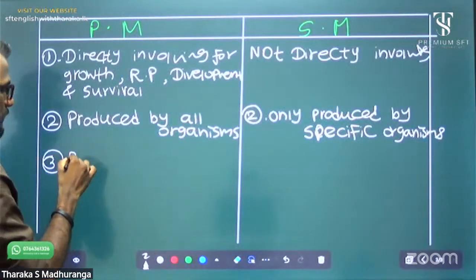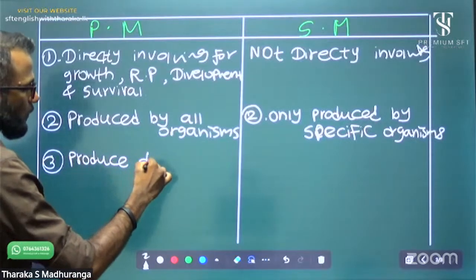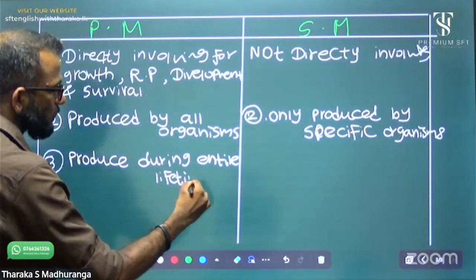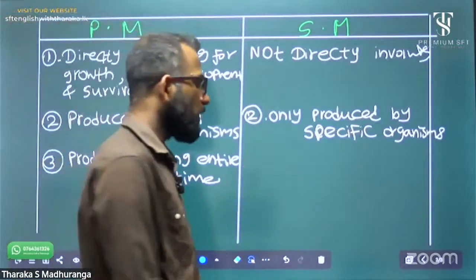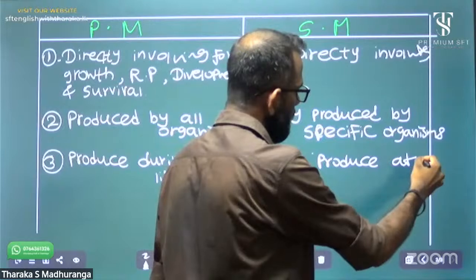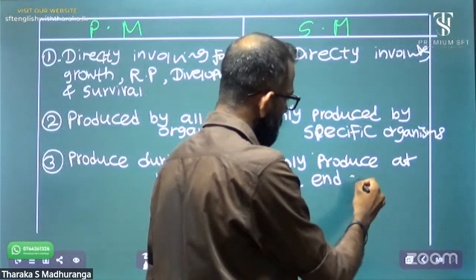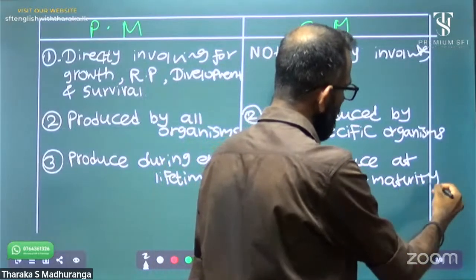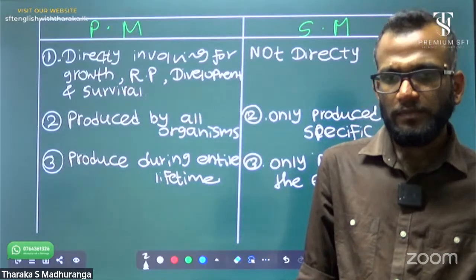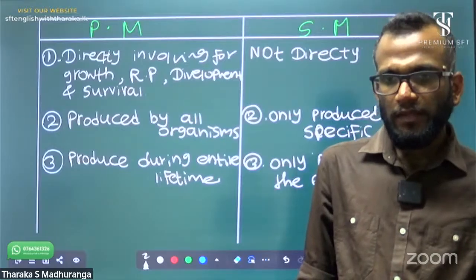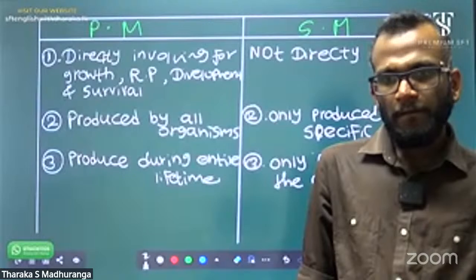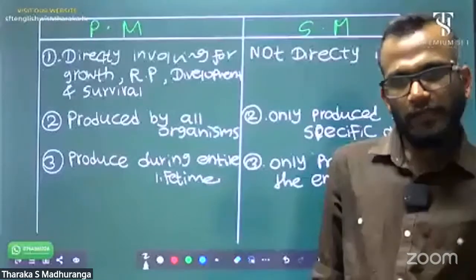Primary metabolites are produced during the entire lifetime, always. But secondary metabolites are only produced at the end of the maturity period. Remember, at the end of maturity. Yeah, primary metabolites we can also change, so that's not a difference.